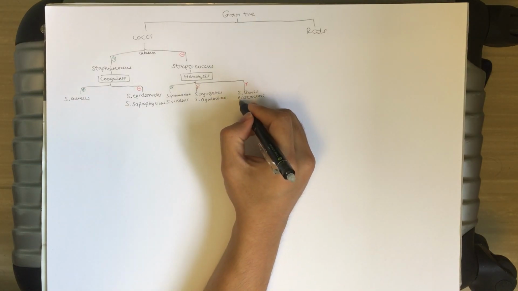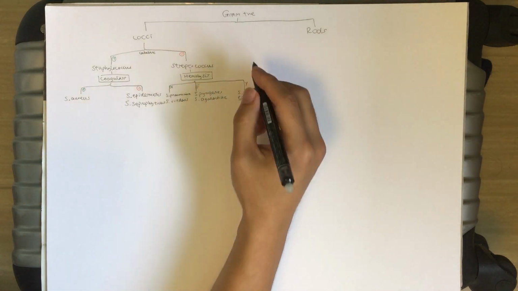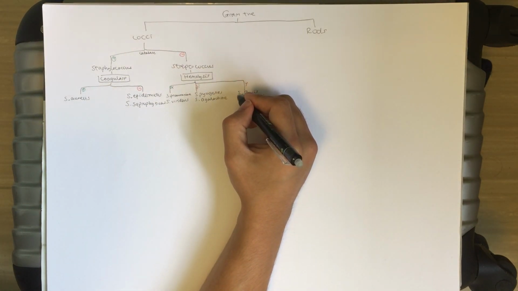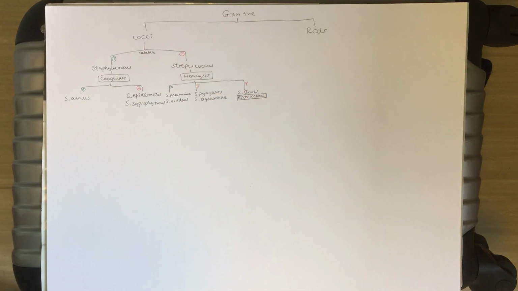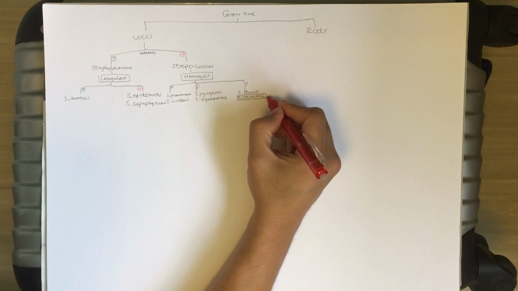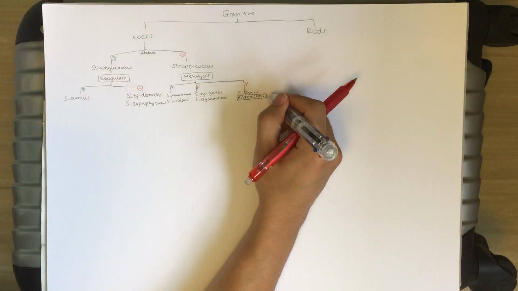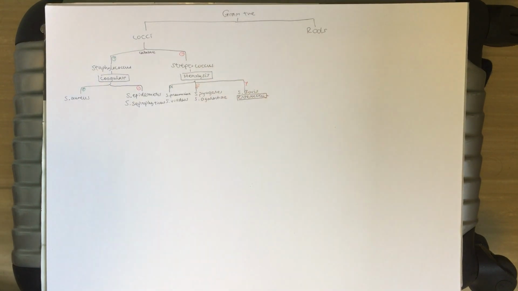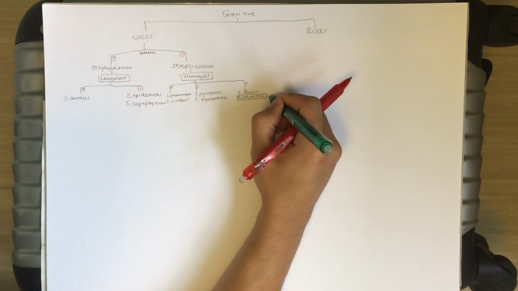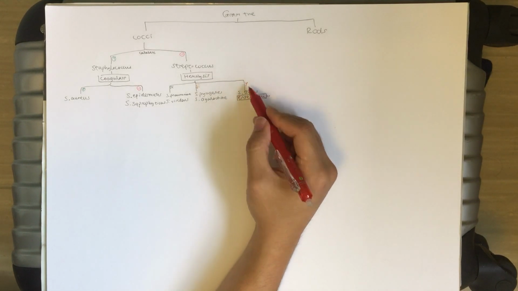But the thing is, I'm gonna underline enterococci. The reason for that, I'll put it in a box, is because it could be alpha, beta, or gamma. It could be any of the three. So technically it's not gamma.